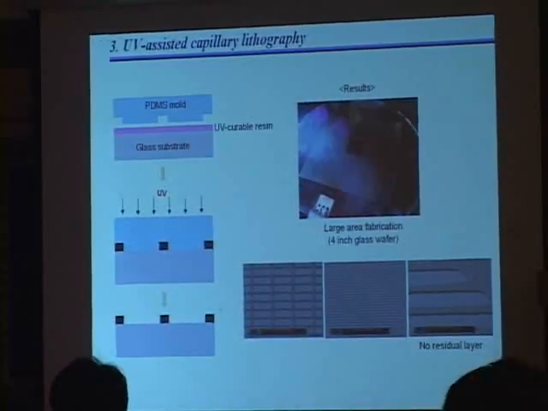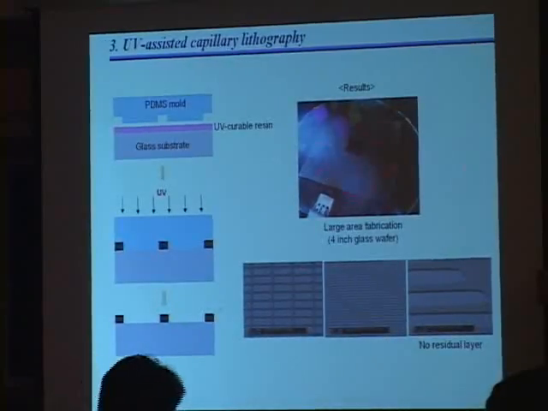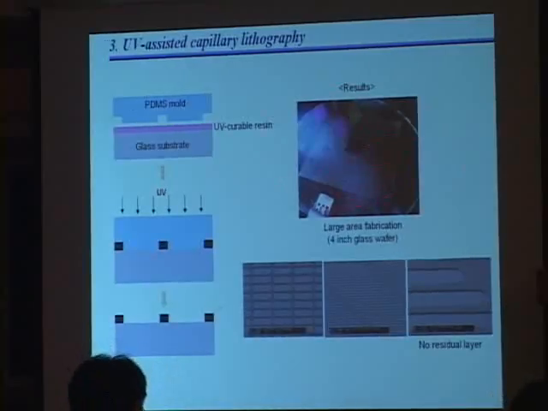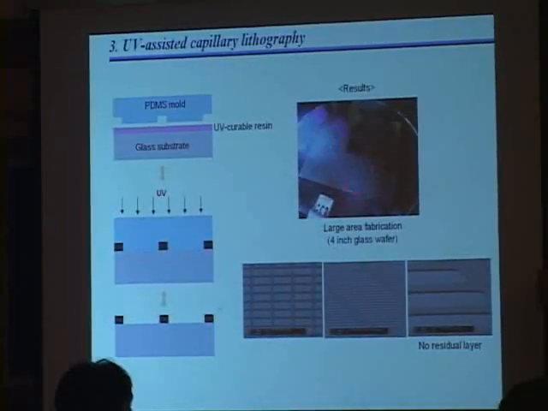After placing the PDMS mold, this polymer also spontaneously rises into void spaces. And then, surprisingly, the pattern result was very, very good. Large area processing was also doable. We fabricated the pattern over a 4-inch glass wafer with minimal defects.